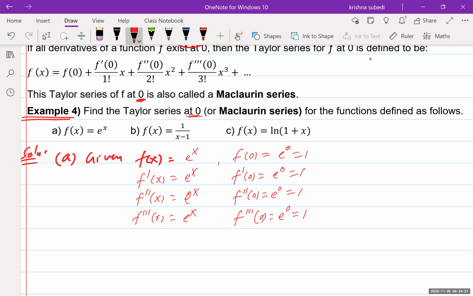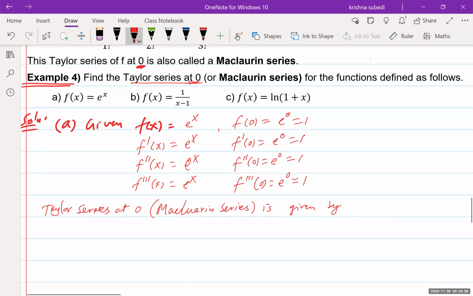All right, so we're going to find the Taylor series at 0, or sometimes called the Maclaurin series. It is given by, let me just copy the formula.